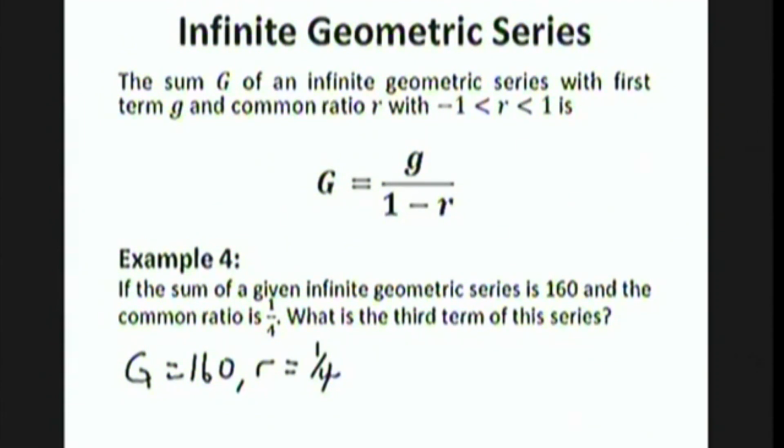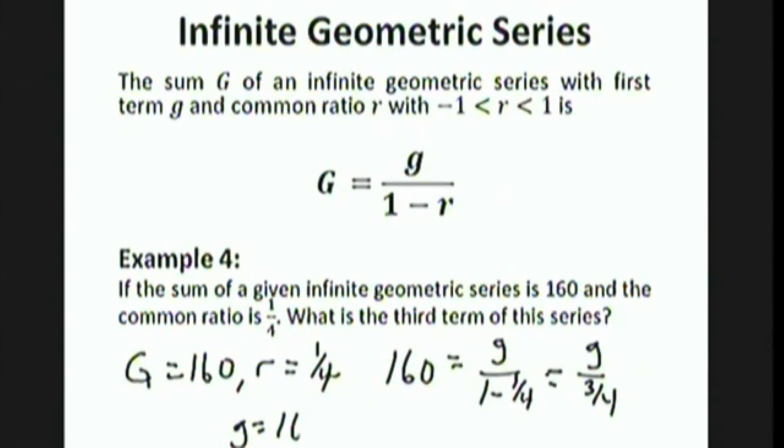So plugging into the formula, we have 160 is equal to little g over 1 minus 1/4, which is little g over 3/4. So multiplying by 3/4, we have little g is 160 times 3/4, and that comes out to 120.